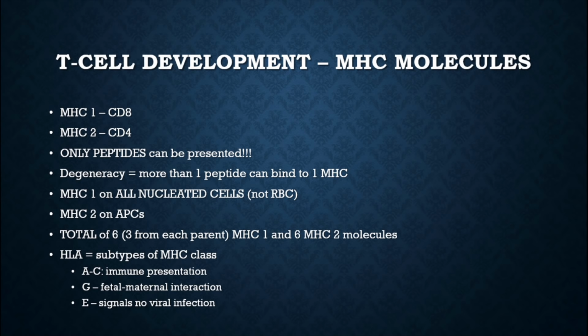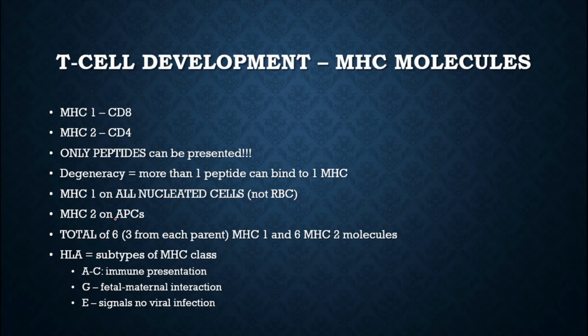Important, and this is essential, only peptides can be presented on an MHC molecule. They are also degenerate, which is a term that means that multiple peptides can bind to the same MHC molecule. MHC1 is the one that's present on all nucleated cells, while MHC2 is limited to antigen presenting cells.